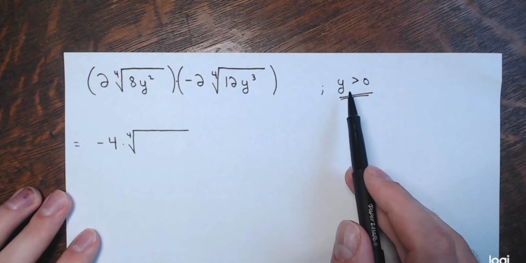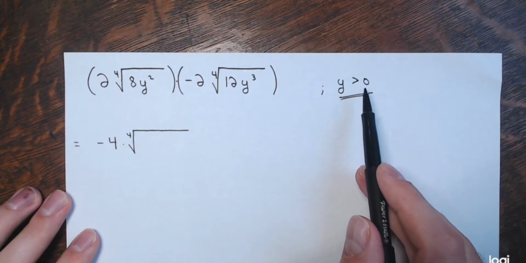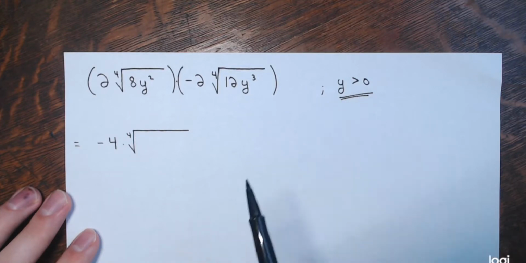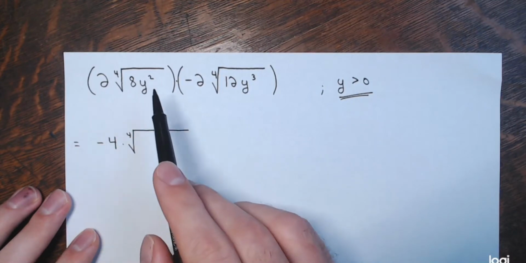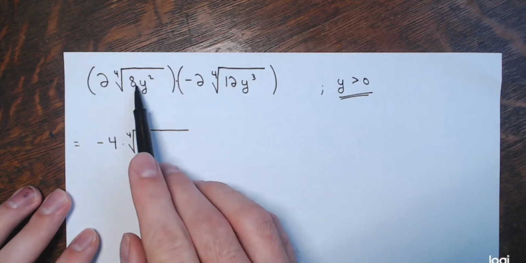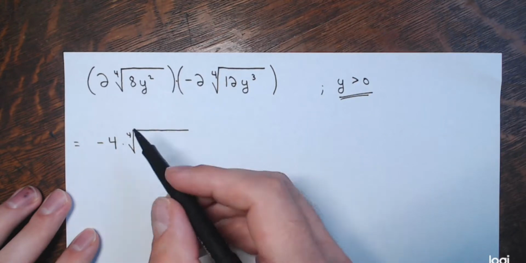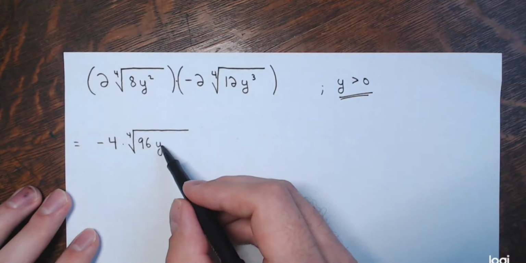Also, too, so you don't have to use the absolute value symbols at the end, right? Because if y is already positive, there's no need for absolute value symbols. That's the only reason that this is being pointed out. So you don't have to worry about typing absolute values. Anyway, multiplying the radical factors with the fourth root of 96 y to the fifth.